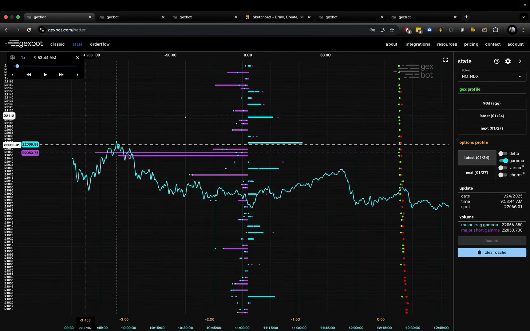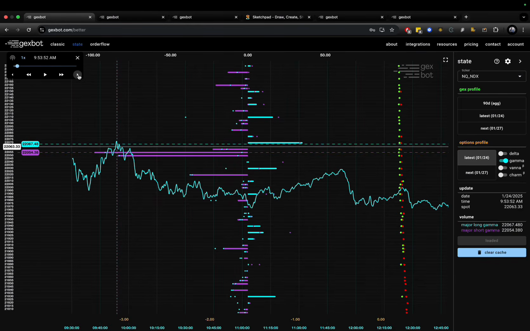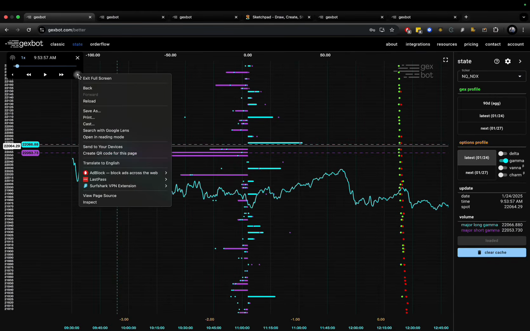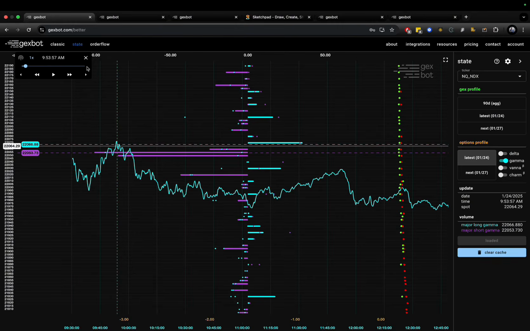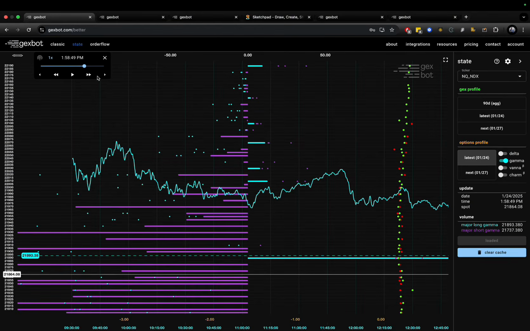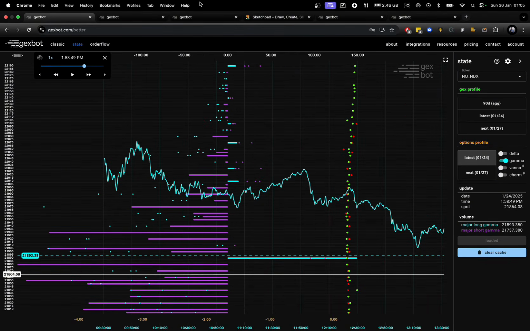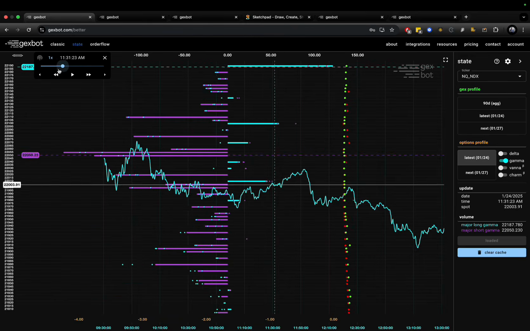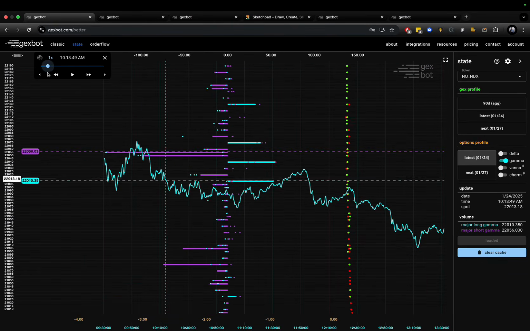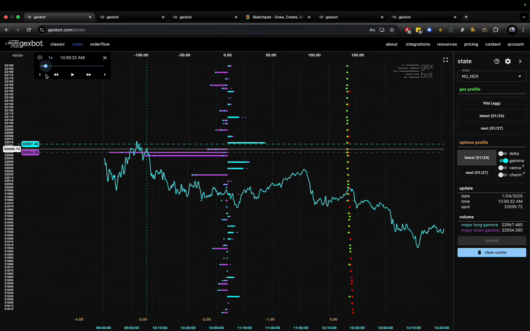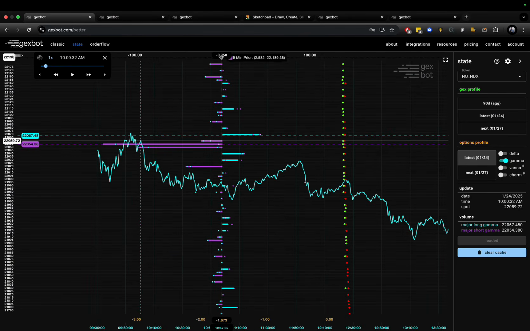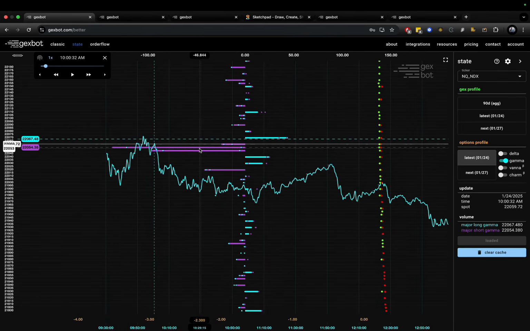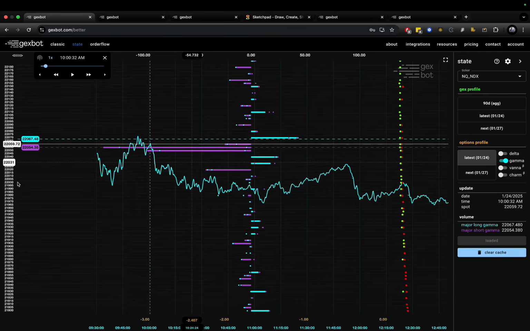So at this time I say, okay, what I'm going to do is sell this market, right? Where? I'm going to sell it when the price trades below that maximum negative gamma.